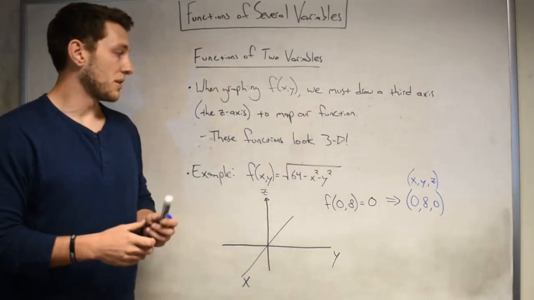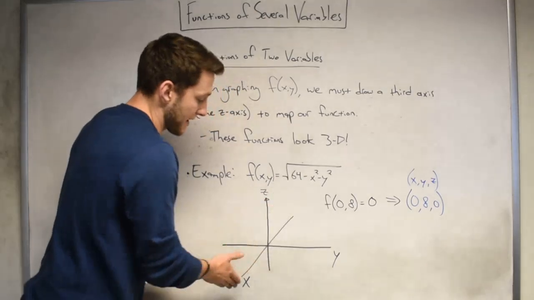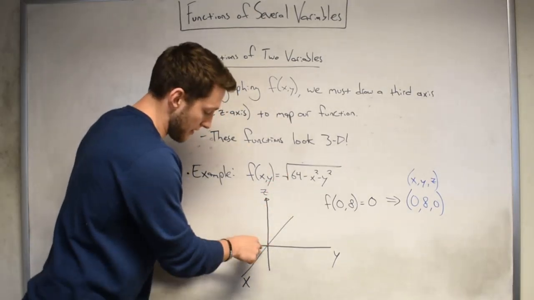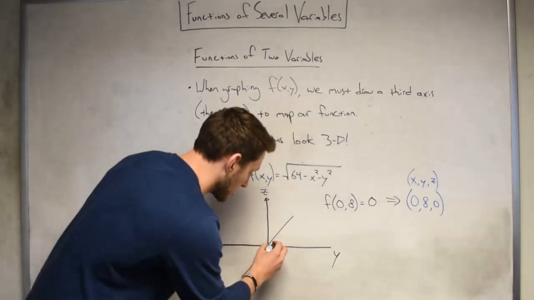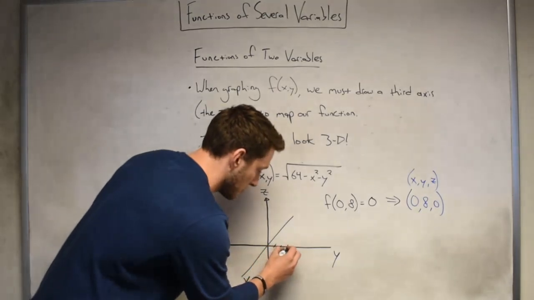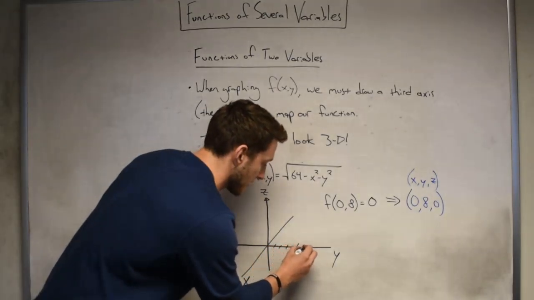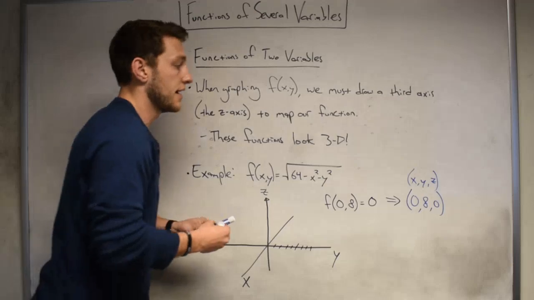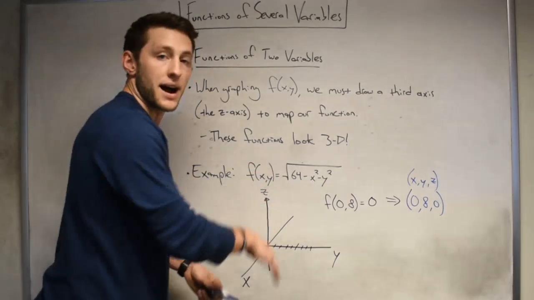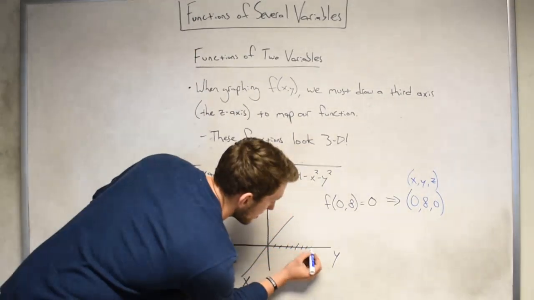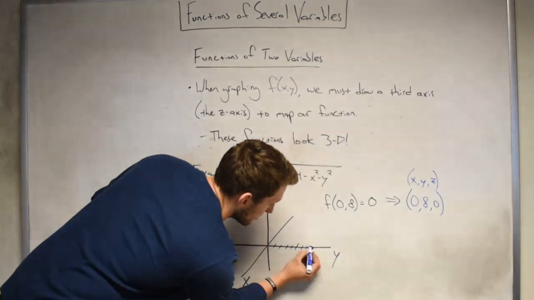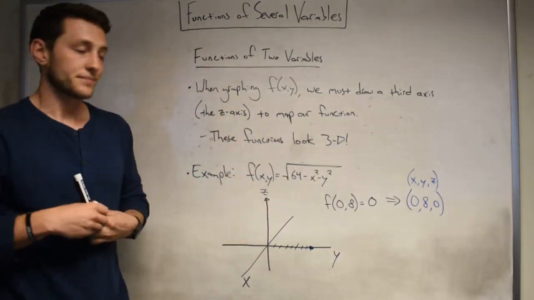Over here, if I were to put that on, on my x-axis I would be at 0, so I'm right here. On my y-axis, I march all the way out to 8: 1, 2, 3, 4, 5, 6, 7, 8. And then on my z-axis, I'm at 0. So this thing is really flat right there on that line.